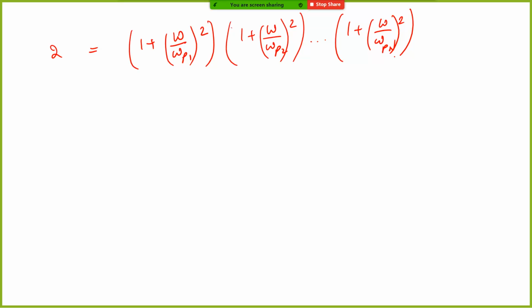You equate this, and these are the omega 3 dB. You solve this and you will basically get the expression for the 3 dB frequency of your entire cascade. Okay, so this is our discussion at a more system level.